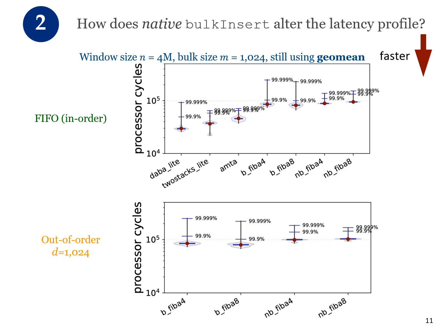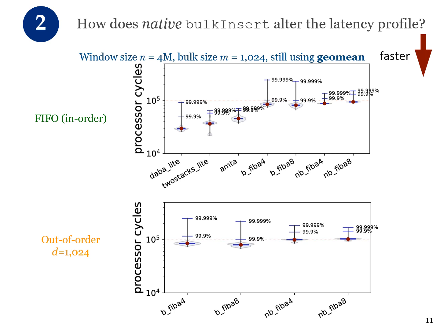Here we have 2 figures. The first one is for the FIFO case, where all data items arrive in order, and the second for the out-of-order case, where data items are, in this case, 1024 removed from the newest end of the window. As you can see in the FIFO case, our bulk algorithms are actually not the best, because algorithms that are optimized for the FIFO case actually perform better, even though they don't have native bulk support.